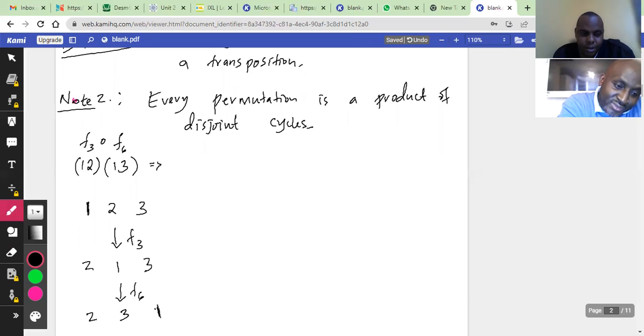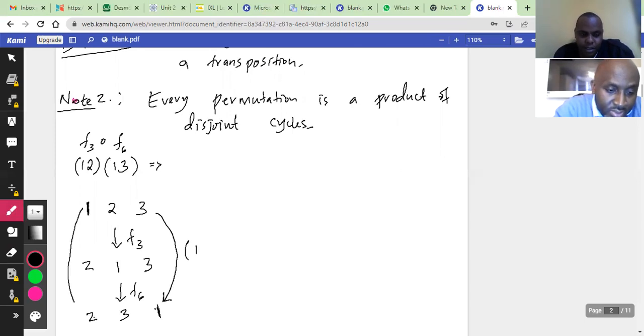So the question is, which is this function that takes 1, 2, 3 to 2, 3, 1? It takes 1 to 2.